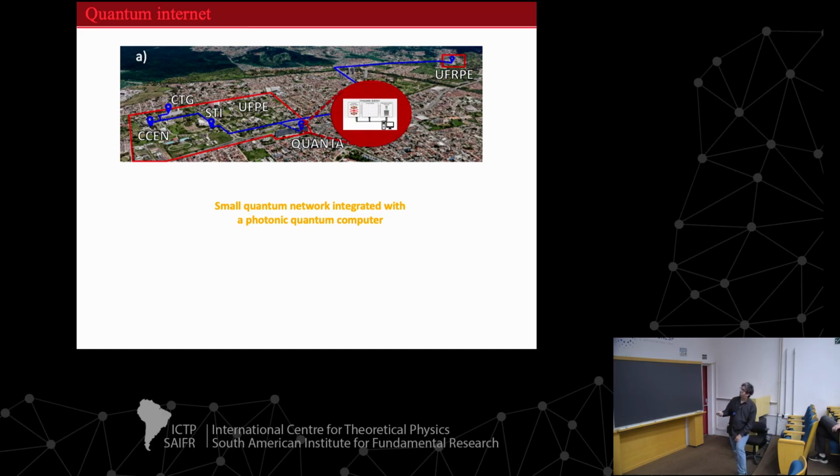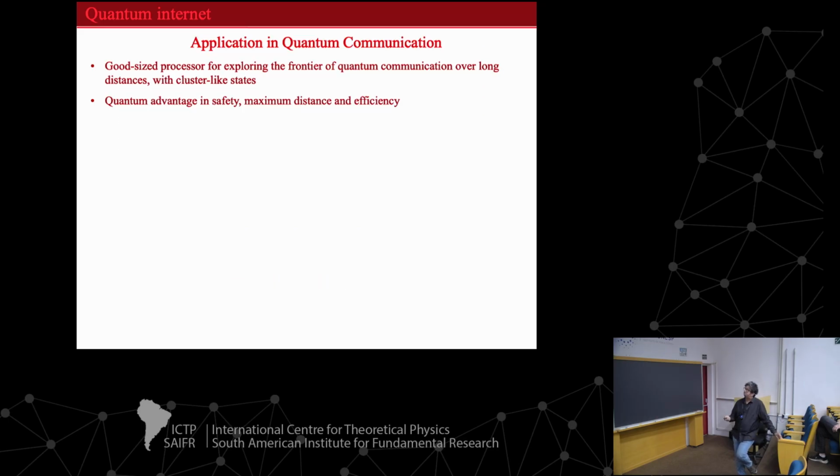So we have a small quantum internet, we can call it that. Because we're going to have some sites where we can really distribute quantum entanglement, and we are going to be able to do some processing in the sites. So it's just a very preliminary quantum internet, but it's something from which we can start to build something more sophisticated.